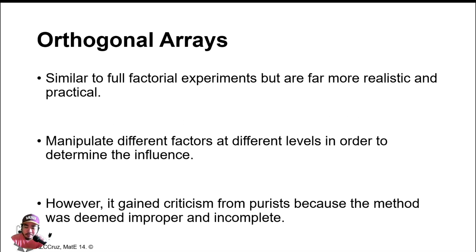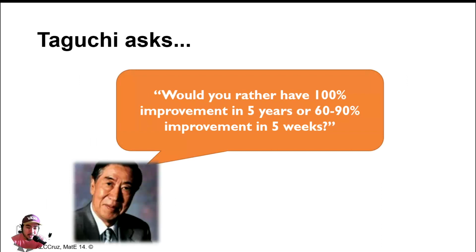So obviously, from the statistical purist's view, it gained heavy criticism because they said his method was improper or incomplete. But Taguchi's argument, and this perhaps summarizes the spirit of the Taguchi principle, is he asks, would you rather have 100% improvement in 5 years, or would you want 60 to 90% improvement in 5 weeks?